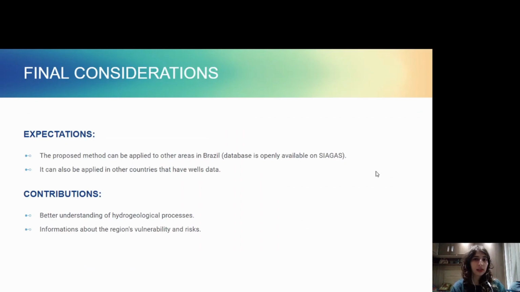And so, the final considerations of the work: the expectation is that the proposed method can be applied to other areas in Brazil because the database is openly available on IAH's website. So every city or state in Brazil can download this data and make the same study that I showed. It can also be applied in other countries that have well data.